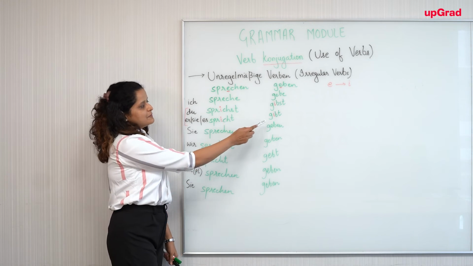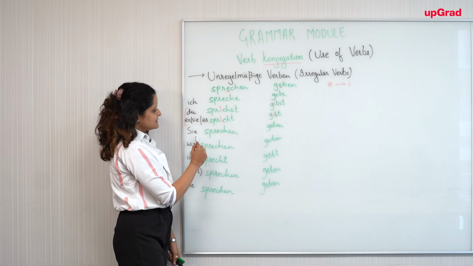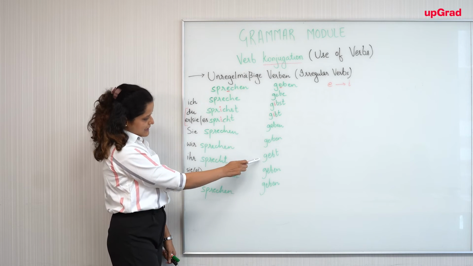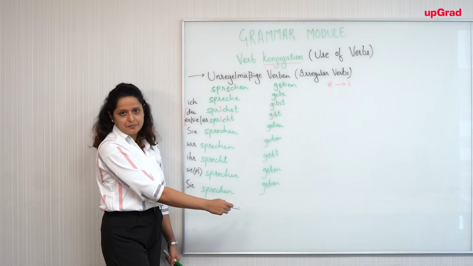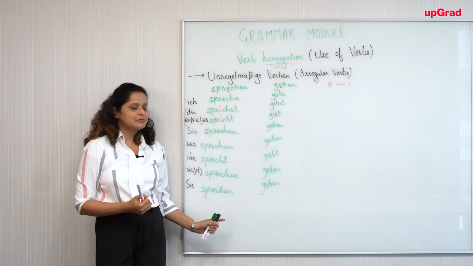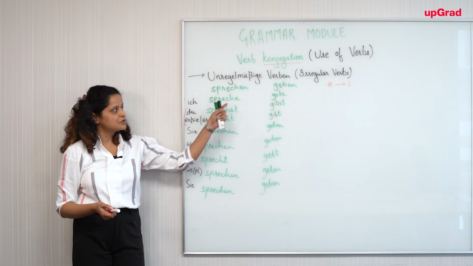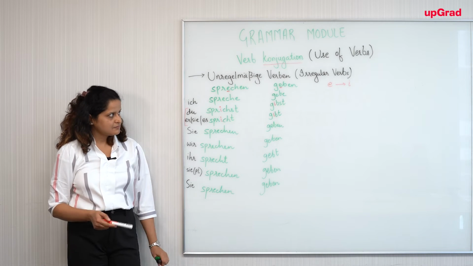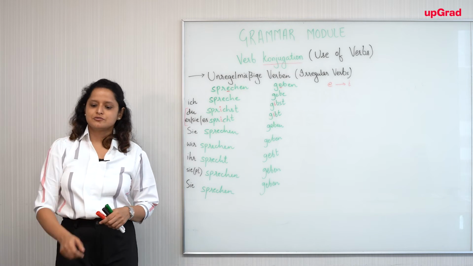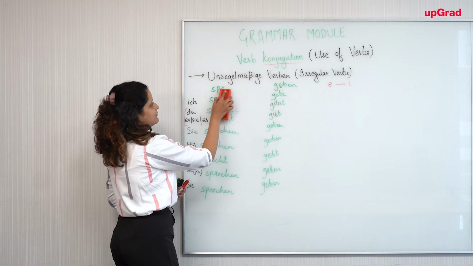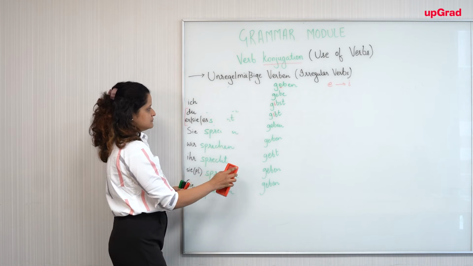Third person will become gibt. So Sie formal geben, wir geben, ihr gebt, sie geben. So the action remains the same. Depends on who is doing that, your verb conjugation will change. Okay? And now let's go to the third category of verbs, where we have irregular verbs.